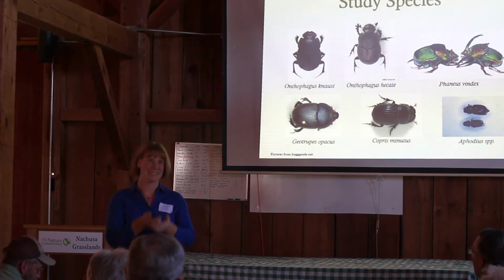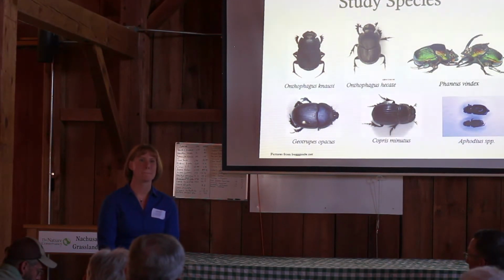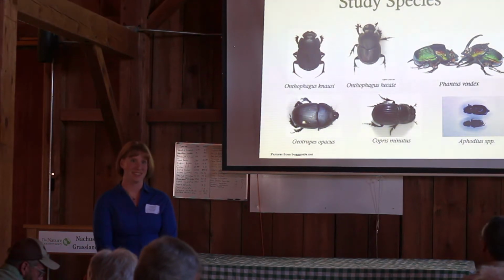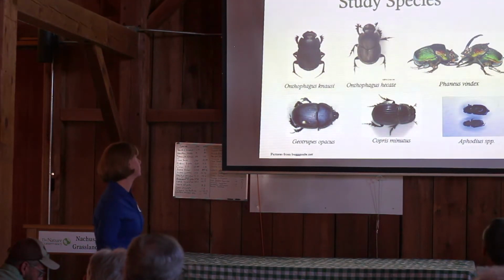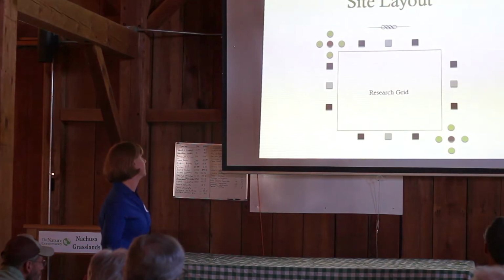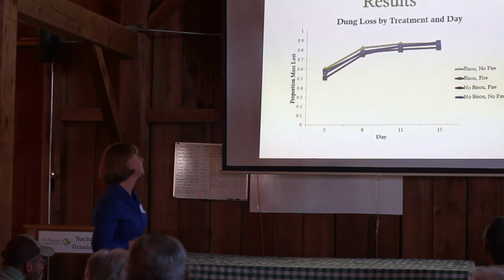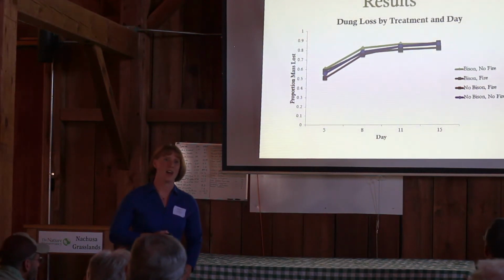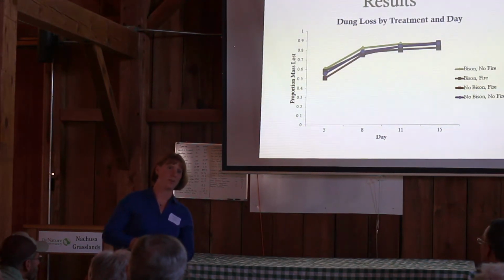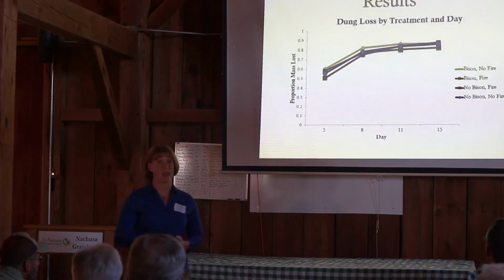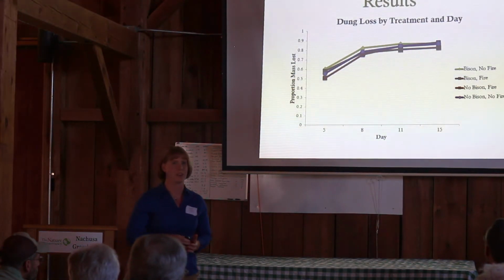You had dung that was caged so that arthropods couldn't get at it. Was that in your graph too? Yes, that was the control. These are just the platforms and their decomposition rates.